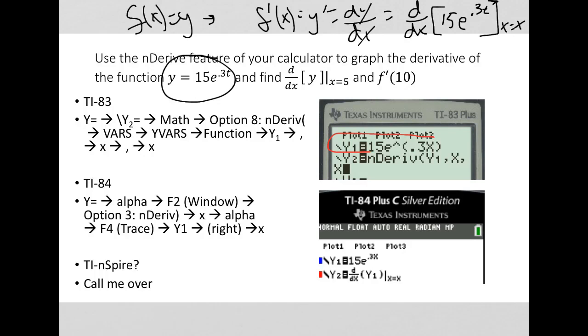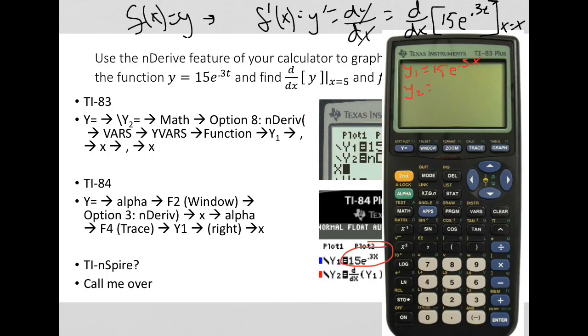In either case, you will have the function entered into y1, and then you need to go down to y2, and you want to call up the n-deriv feature of your calculator. So go ahead and make sure your cursor is on the y2 function, and you need to hit the math button, and you need to choose option 8, which says nDeriv.